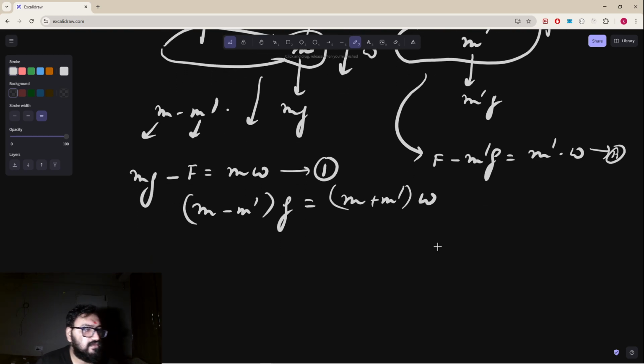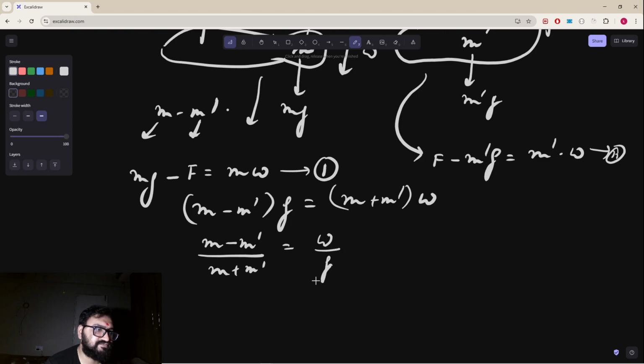From here I just need to find out my m dash. m minus m dash divided by m plus m dash is equal to omega by g. I think I should solve for m dash straight away from this equation.